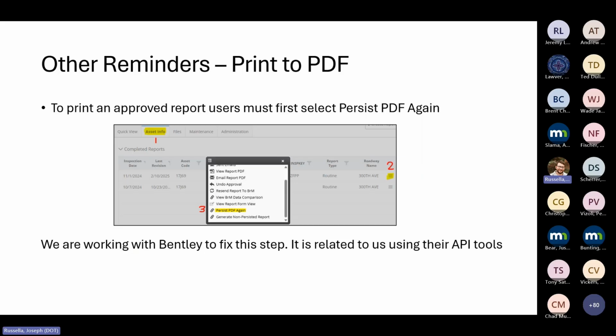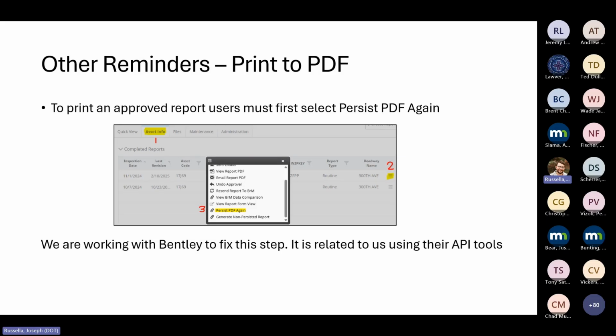Another reminder, this says another bug within SIMS. So when a report is approved, it runs through our validation stage, and we use this tool that Bentley provided with their API to actually approve the report. And there's something missing within that tool that doesn't load the PDF correctly.